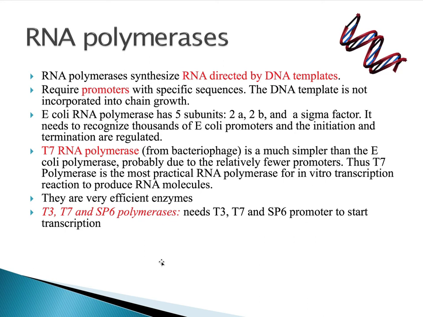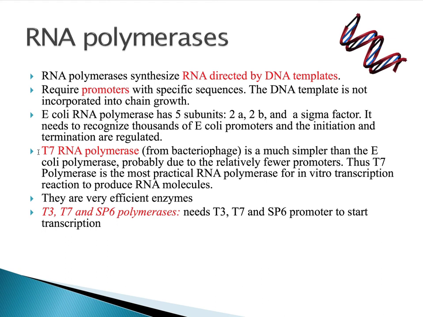Now, sometimes you want to make RNA for a certain experiment, and we have RNA polymerases. Those synthesize RNA using a DNA template. What they need, as we mentioned in the transcription class, are promoters with very specific sequences.